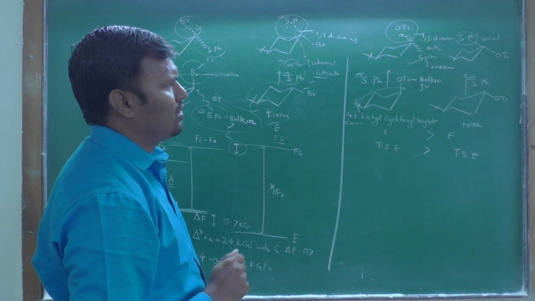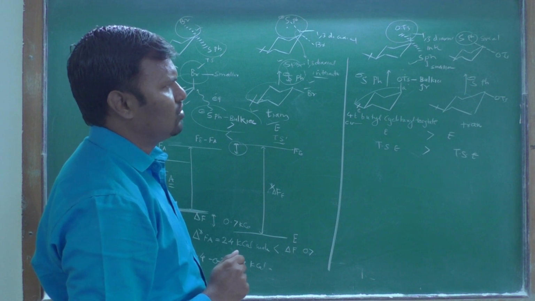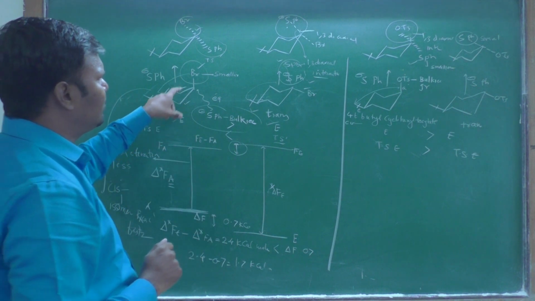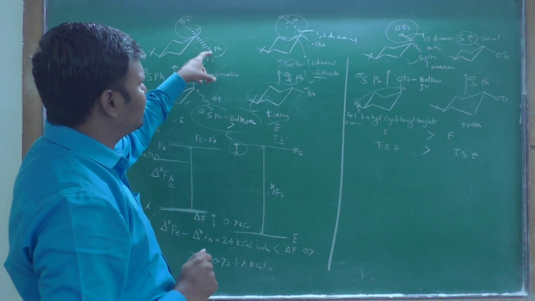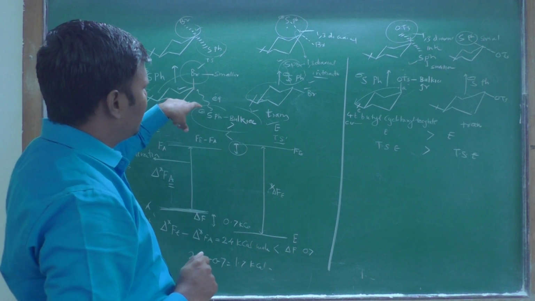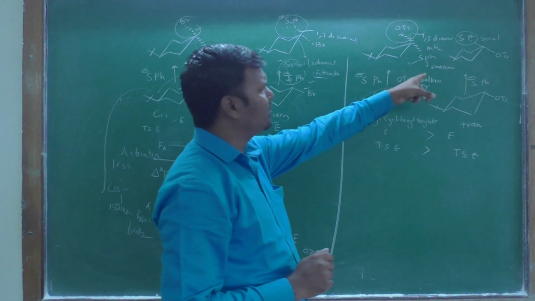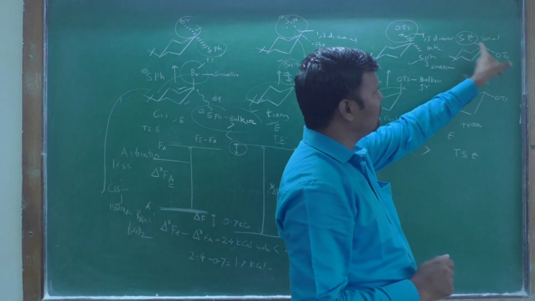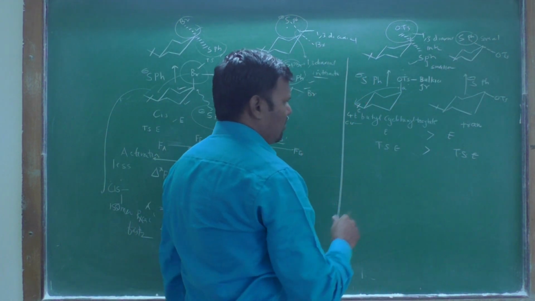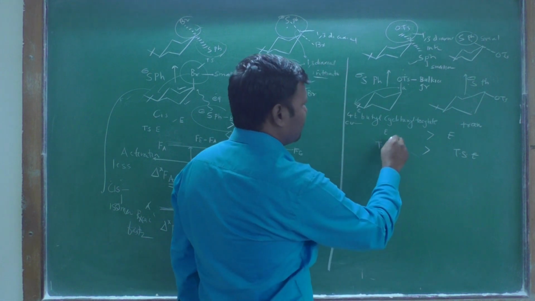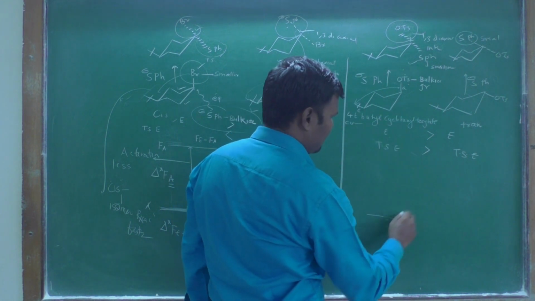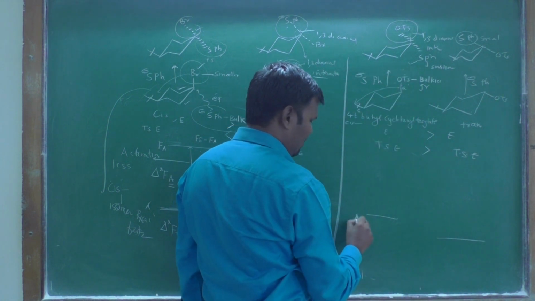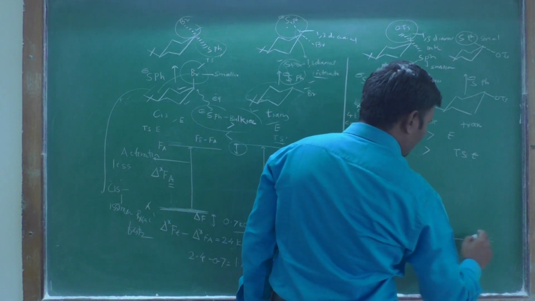In the same way, when the axial group is there, SN2 attack is from the lower side. Therefore, there is SN2 attack on the lower side and SN2 attack on the upper side, because OTs is on the opposite side. Therefore the first has higher energy than this one. This is the axial one, and this is the equatorial one.